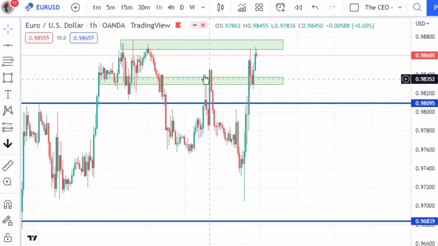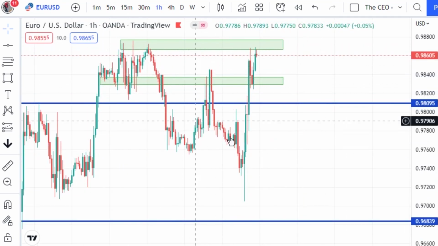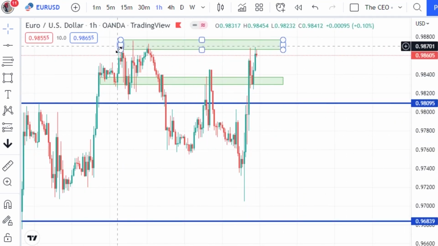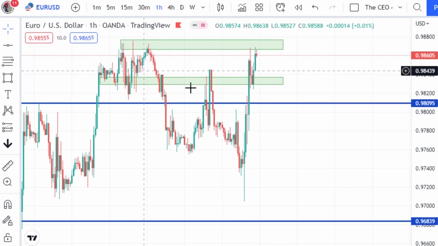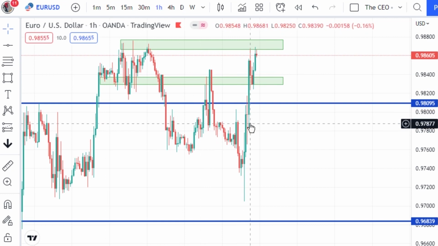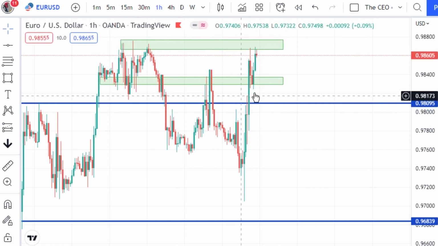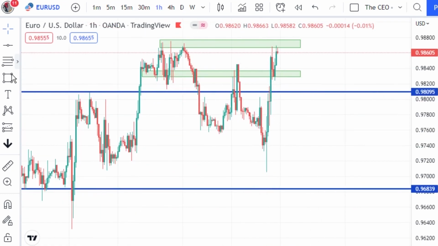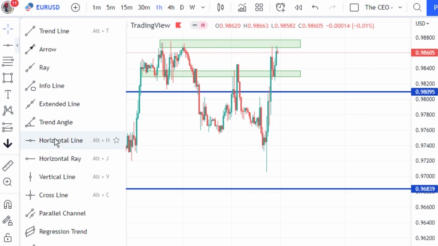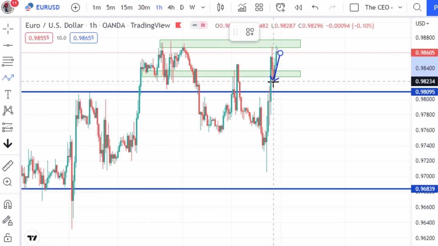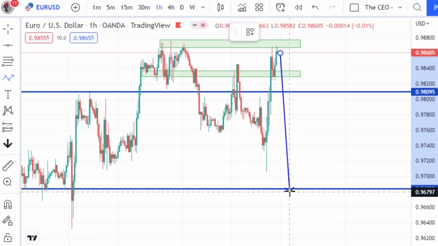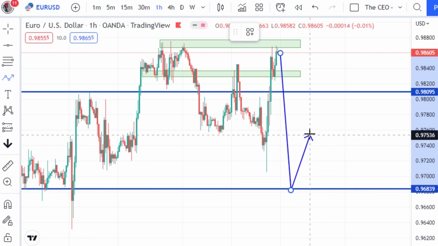It does look like something like a double top. I know there are not too many touches, maybe 1, 2, maybe 3, but it's a double top structure, so the market is likely going to go down according to what we are seeing right now.